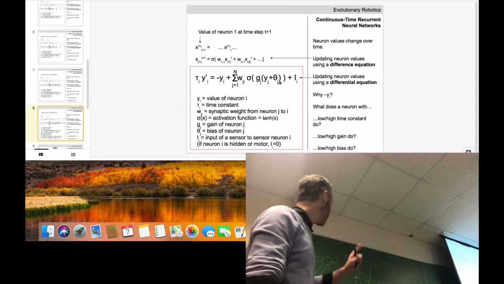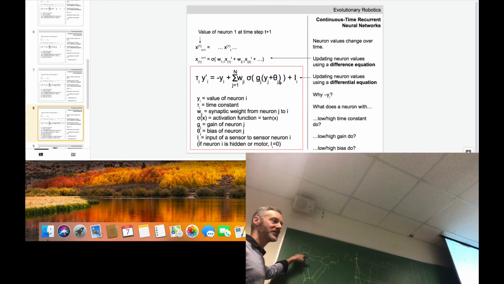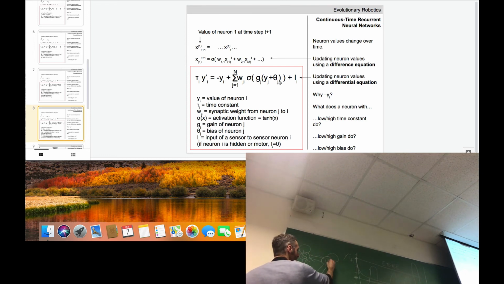Let's assume that we have one sensor neuron, which is this one here. I'll write in S here to remind us that this is a sensor neuron. Let's assume we have just one hidden neuron, which is this neuron here, and we have one motor neuron, which is the one down here. Okay, so let's assume we have one sensor neuron, which is attached.